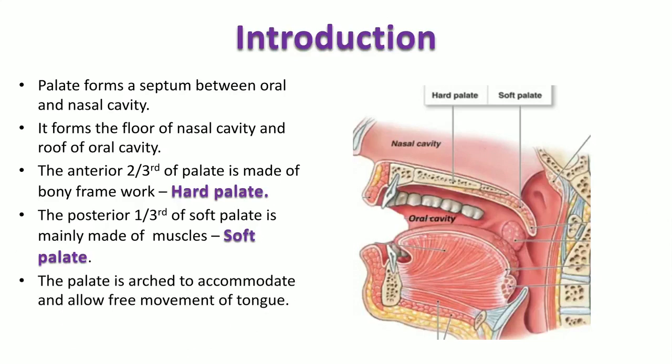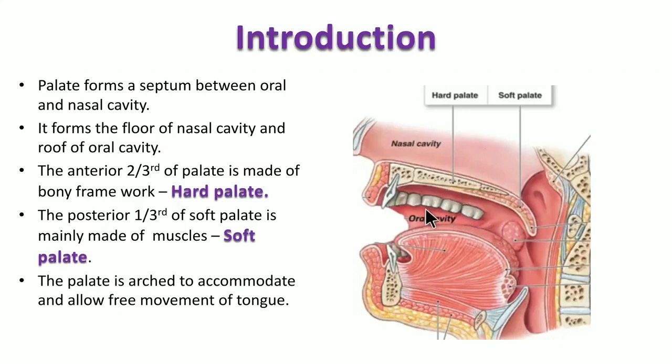Not only that, the palate, as we see in this diagram, is not straight but arched. Here you are able to see the roof of the mouth with the mucous membrane. It is arched from before backwards, and it is also arched side to side.